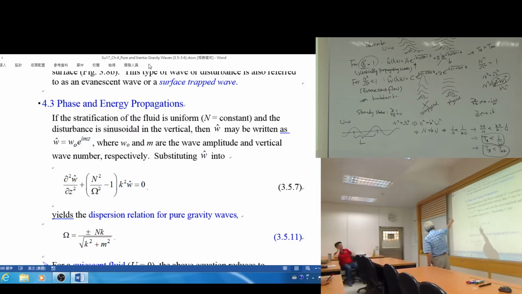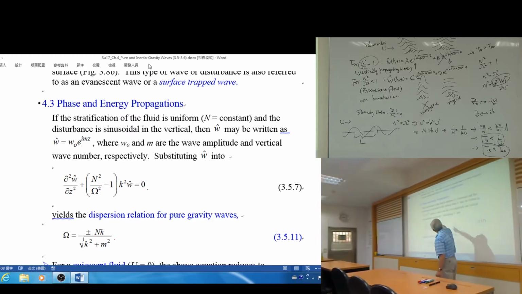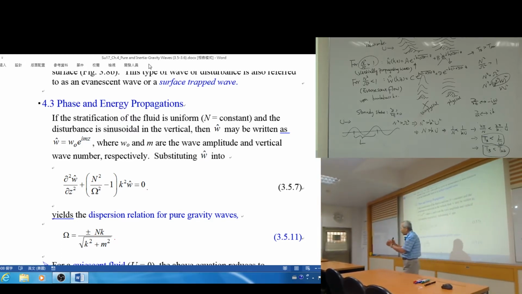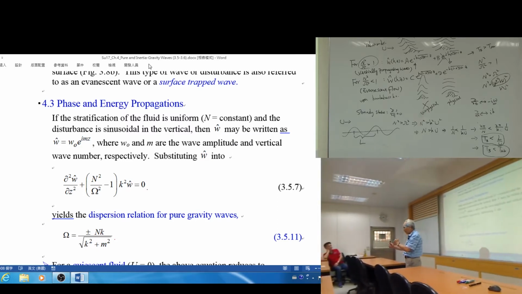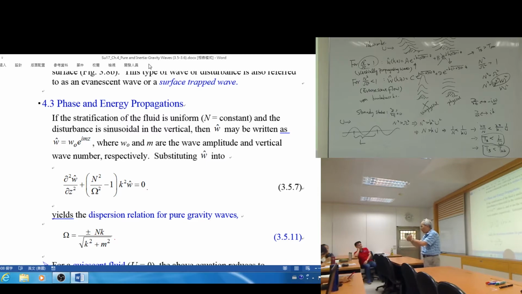I think if you study the energy propagation, then you understand. That's why we have the energy propagation, because you have to calculate the energy propagation and particle motion. Particle motion gives us the phase velocity, and energy propagation gives us group velocity.